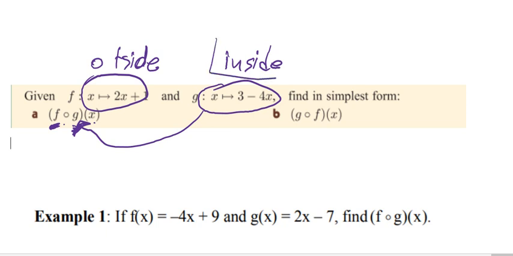So we start with the inside function, and then we solve it, and then we substitute everything to the outside function. In this case here, you see g is first, so it is g of f of x. So we will start as inside function with the f, and the outside function is the g.